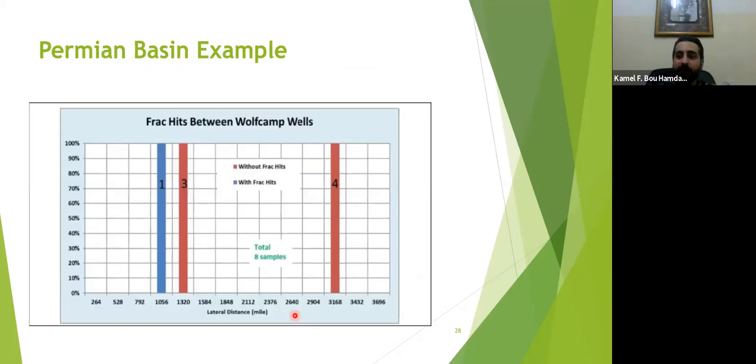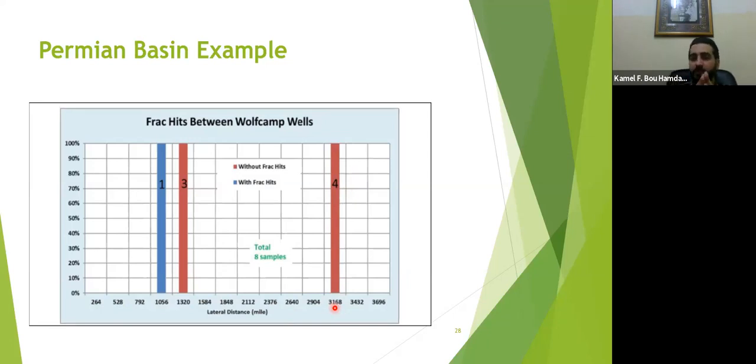Here we have an example of the Permian basin. So we have 8 different wells, and the x-axis shows the space or the lateral distance between the wells. So the first 4 wells had a spacing of 3,168. There were no frac hits observed for these wells.